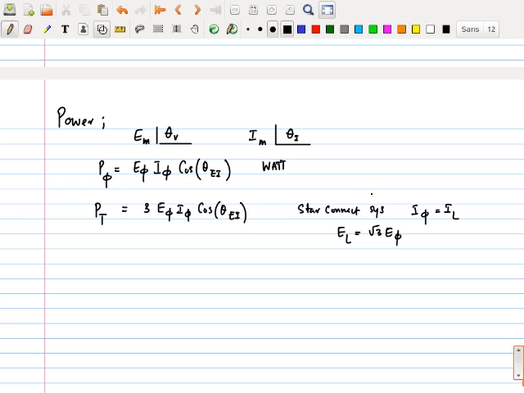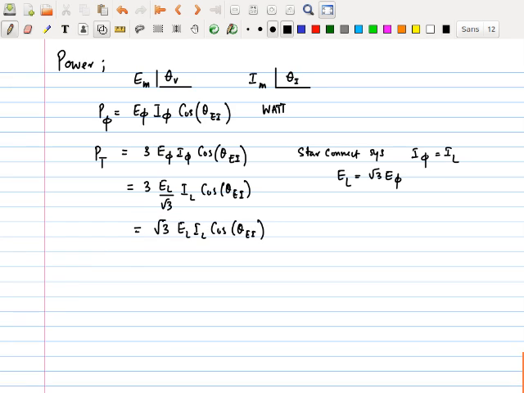If I now take these two and substitute here, I will get an expression that says 3 times E phi is equal to EL over √3, and then you have I phi is equal to IL cosine theta, the angle between E and I. This √3 is going to cancel with this. That's going to give you root 3 ELIL cosine of theta times EI.